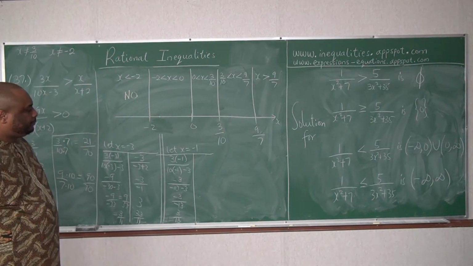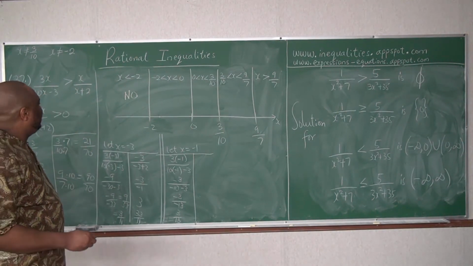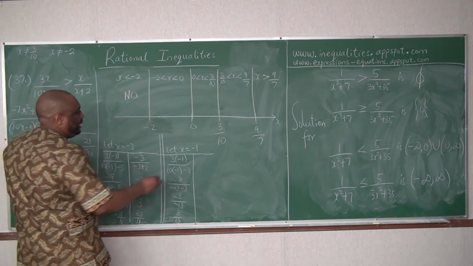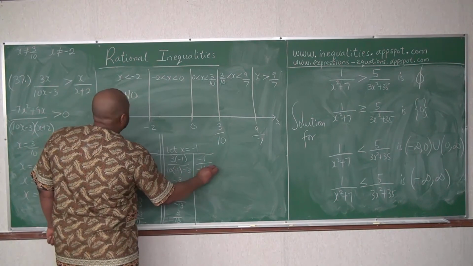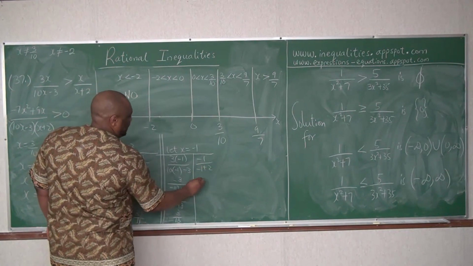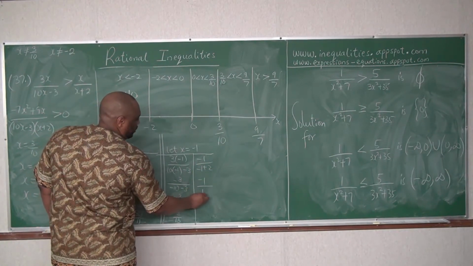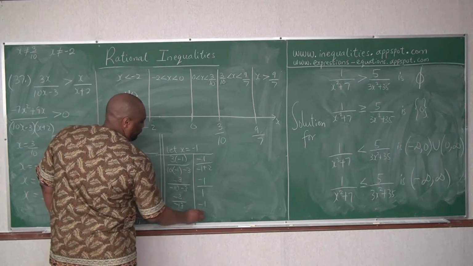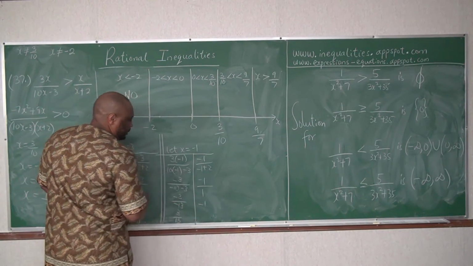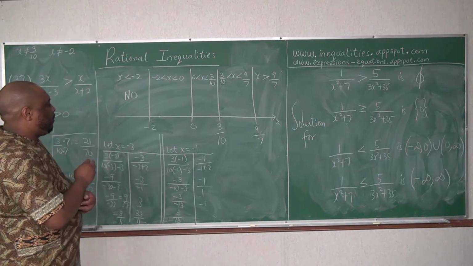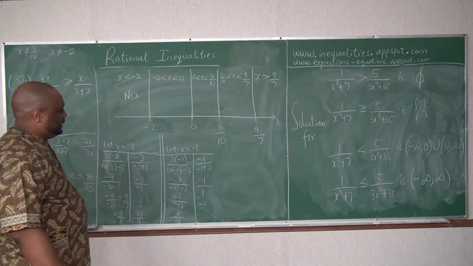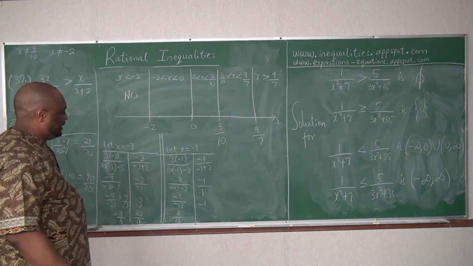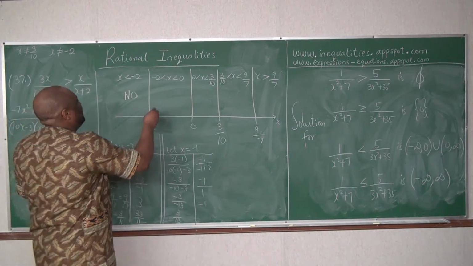Then on the right-hand side will be negative 1 over negative 1 plus 2, which is negative 1 over 1, which is negative 1. So 3 over 13 is positive. Of course, it's greater than negative 1. So this is yes.